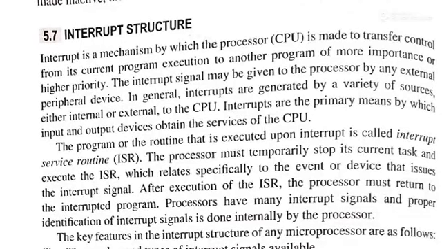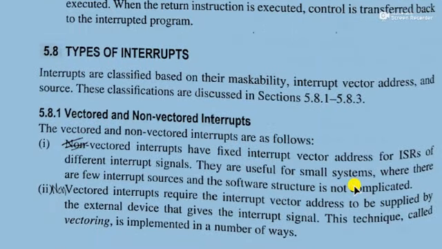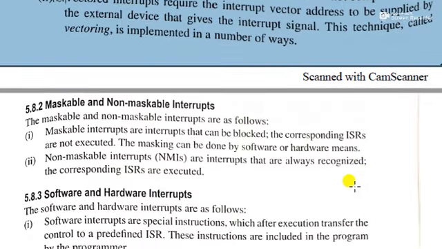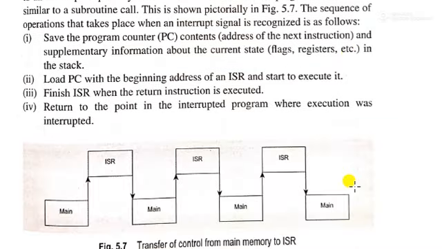Good morning, students. In the previous class, we learned about the interrupts of the 8085. We got a basic idea of what an interrupt is, how interrupts work, and the types of interrupts: vectored, non-vectored, maskable, non-maskable, software, and hardware interrupts, and how interrupts work in the main function of the 8085.